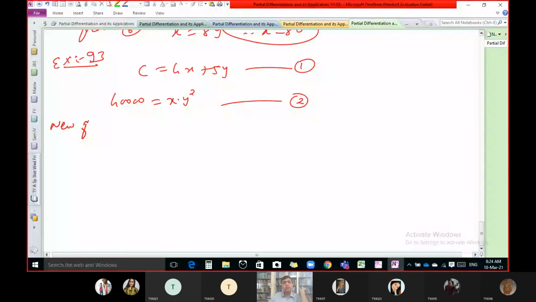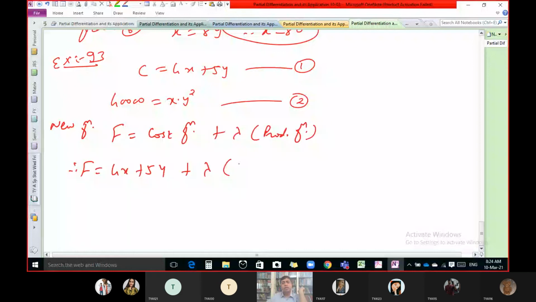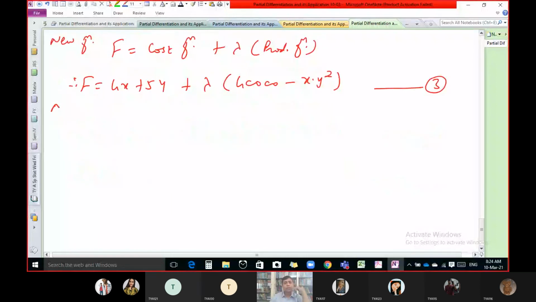So we get F equal to 4x plus 5y plus lambda in bracket, 40,000 minus x into y square. Differentiate this with respect to x.